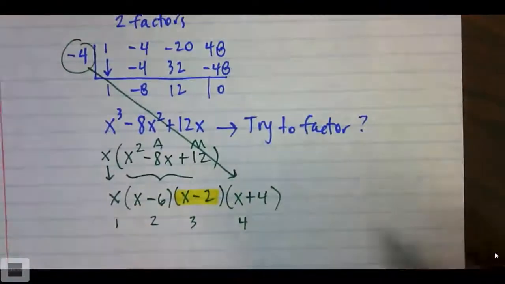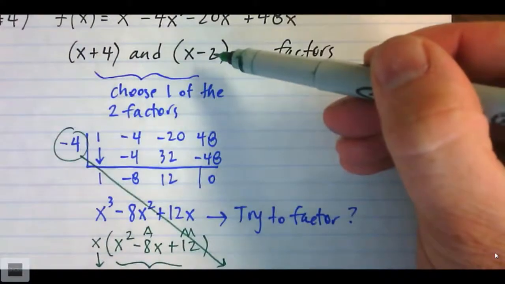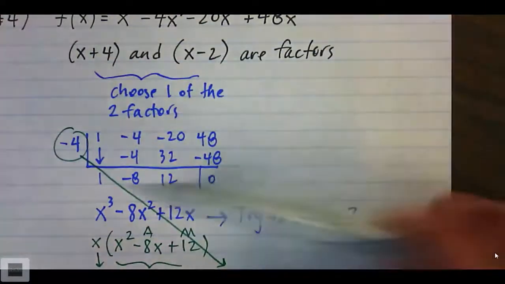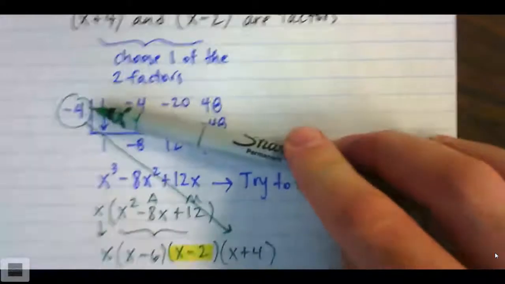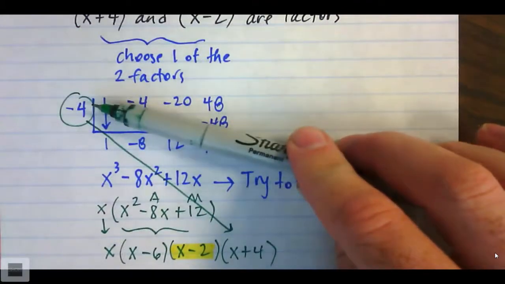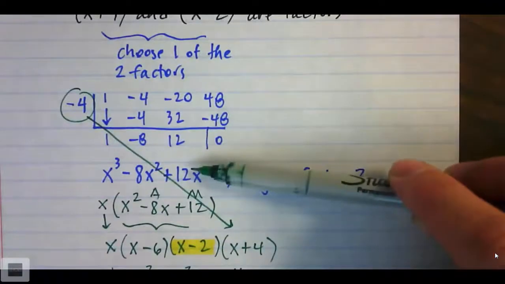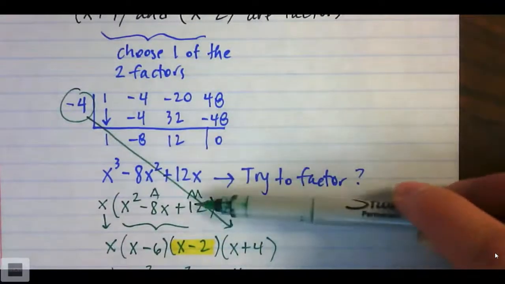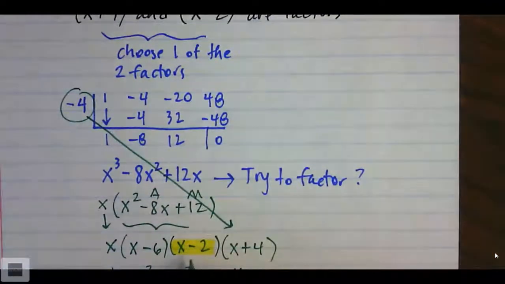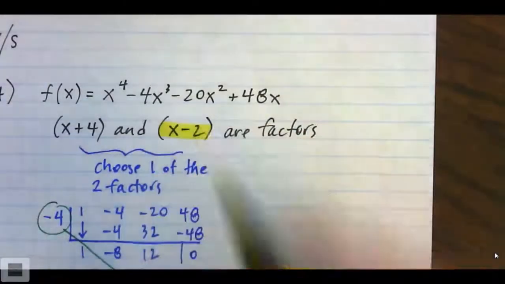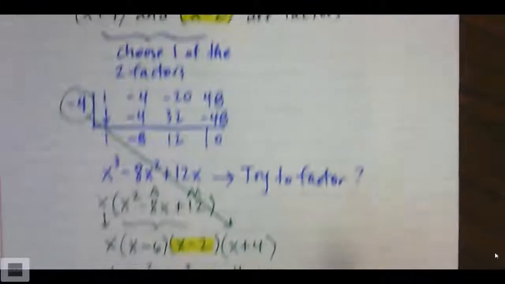But you might be thinking, wait a minute, you forgot the x minus 2 up here. But here's what you got to understand. I only did synthetic division one time. And when I did synthetic division, I got to here and I was able to factor this, and it just so happened that when I factored, I got the x minus 2 that I already had in the original problem that was given to us.